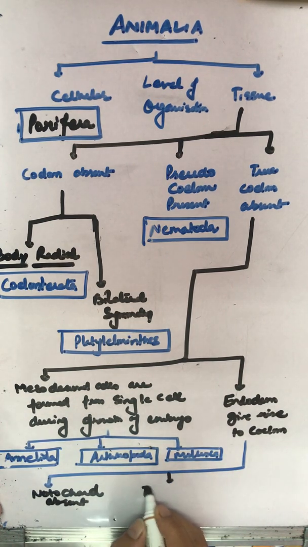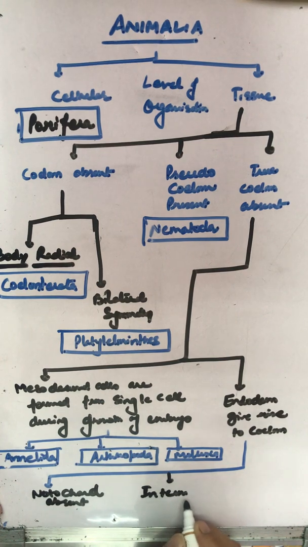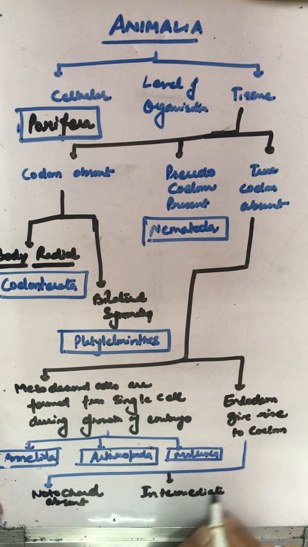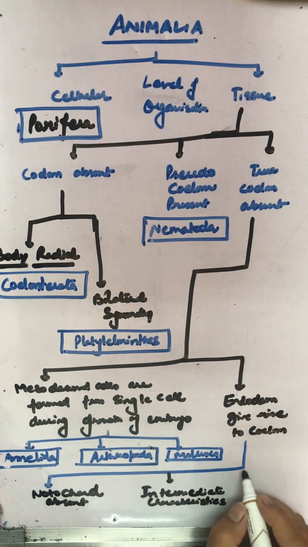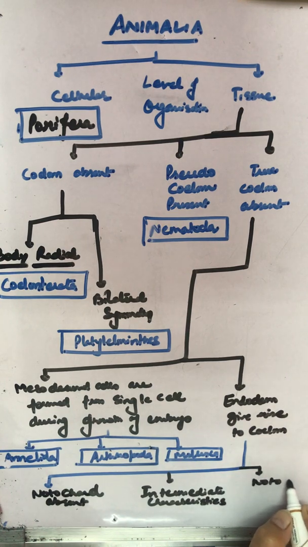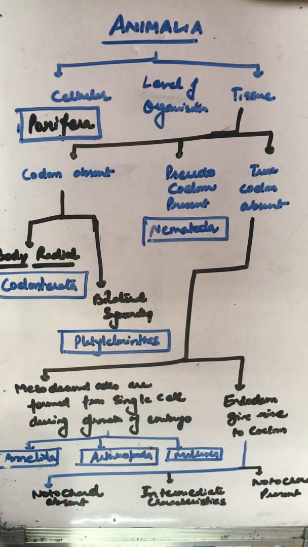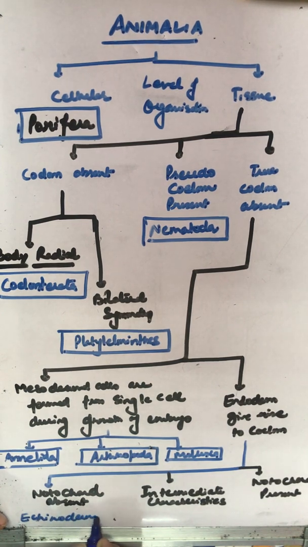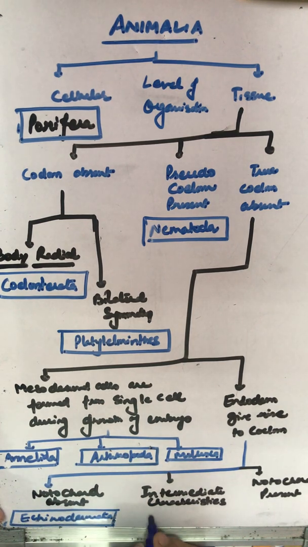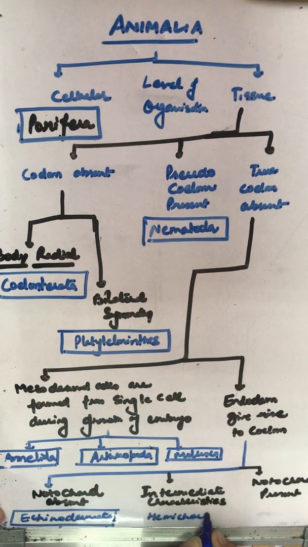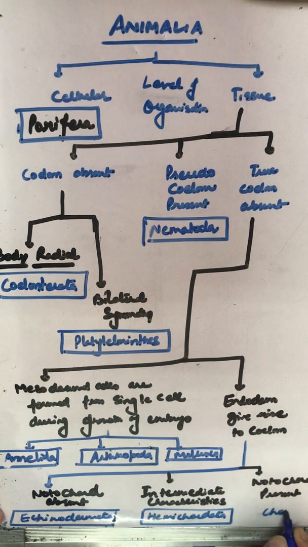Then intermediate characteristics, that is in between, or the notochord present. If notochord is absent, we call it Echinodermata. If intermediate characteristics, then it is Hemichordata. If notochord present, we call them Chordata.